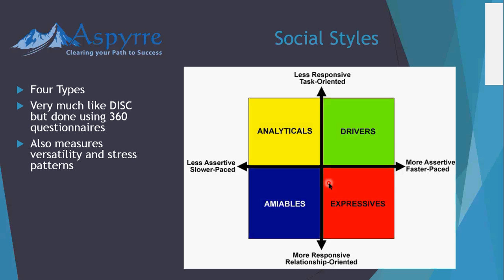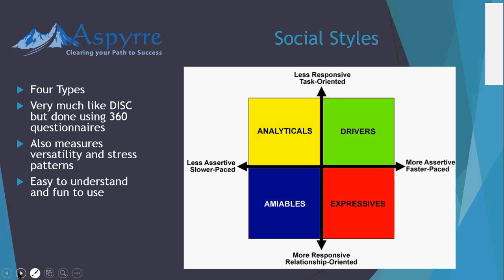For example, if you're stressed out as an analytical, then you become more driving, then more amiable, and then more expressive. So there's actually a Z pattern that you go to, starting from any particular place in the table, and that's an interesting thing with this assessment that's fun to go into, to understand how your style changes under stress.